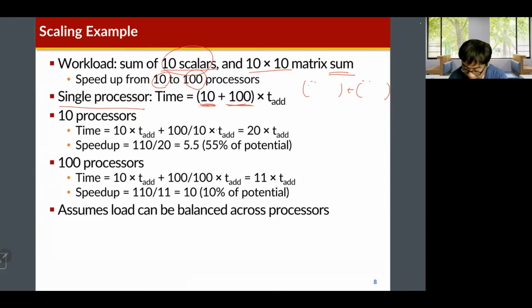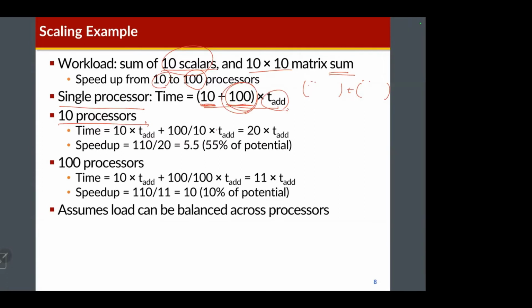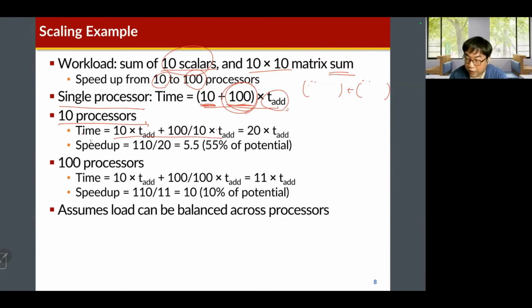So this is the execution time of the single processor, in units of T add. If we apply 10 processors, we can reduce this part by 10, so the execution time becomes 20 T add. What is the speed up? Speed up is 110 divided by 20, which is 5.5.